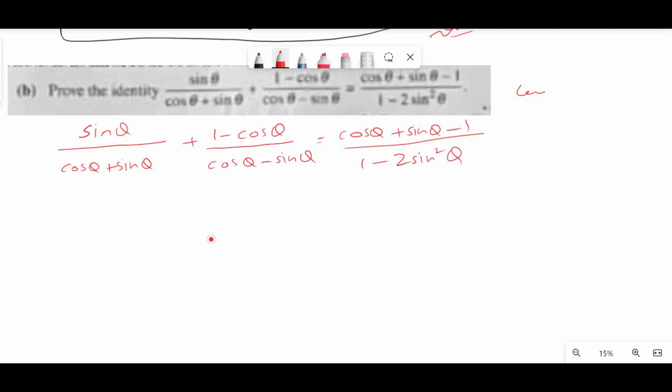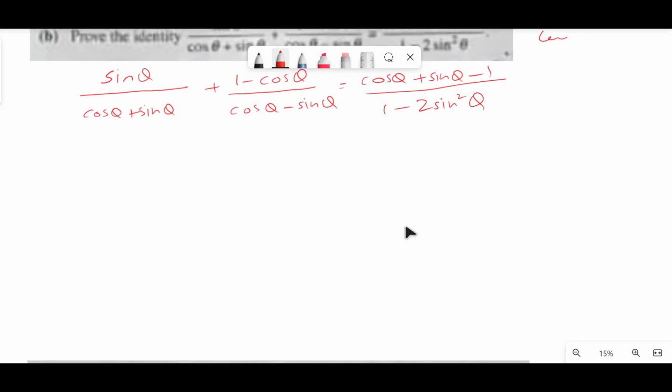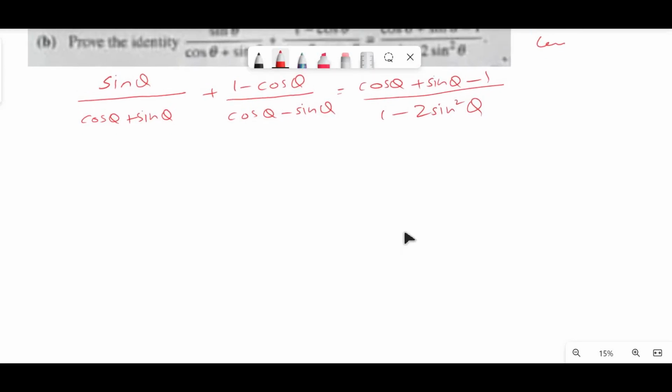Now, first of all, we have to simplify it using the basics. Let's see the right hand side, left hand side. We will choose the left hand side. For the left hand side, we can take the LCM.